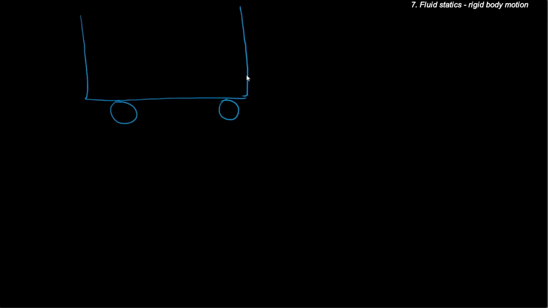Now the tank is moving at some acceleration, and there is a level of water in this, and so when the fluid accelerates, we know from experience that the fluid will be pushed towards the back in the frame moving with the vehicle.